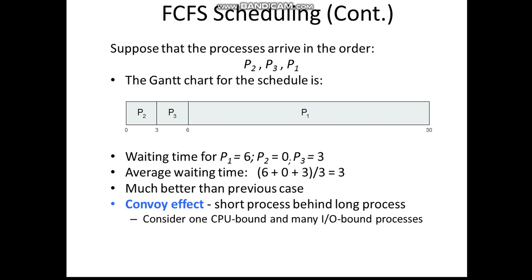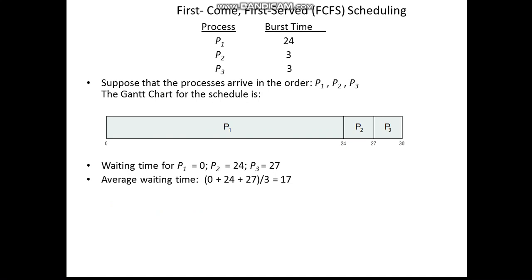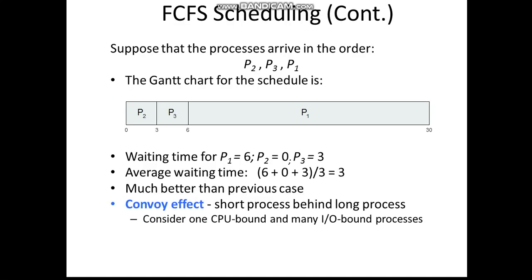It is better than the previous case, even though the burst time is the same. The convoy effect you can observe at the end: shorter processes behind a longer process lead to increased waiting time. What that means is, if a longer process is waiting for a longer time, then it obviously leads to more waiting time and in turn more turnaround time.